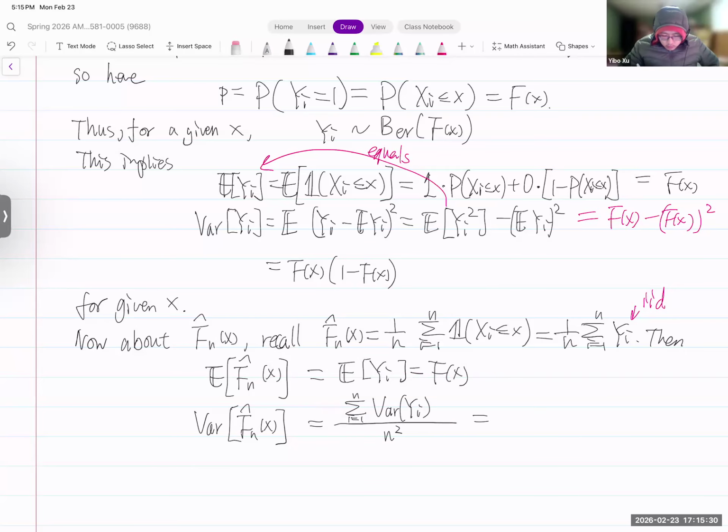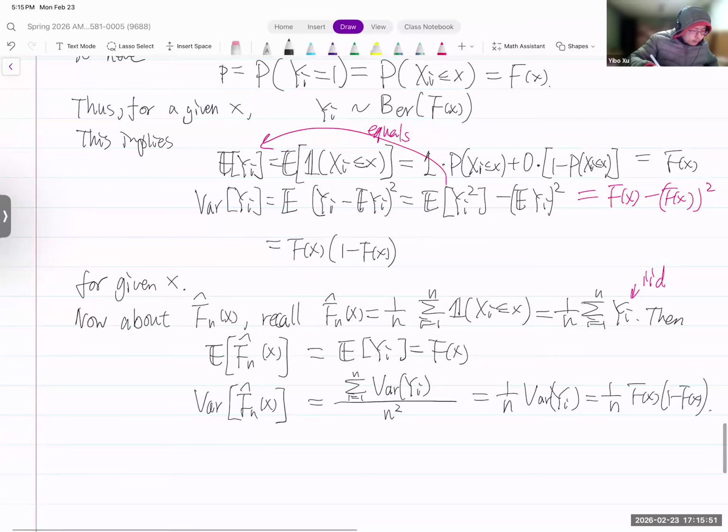So this is indeed 1 over n times the variance of yi, which is also a function in terms of f. Okay. And of course, then we are able to go further, okay, using things like central limit theorems.